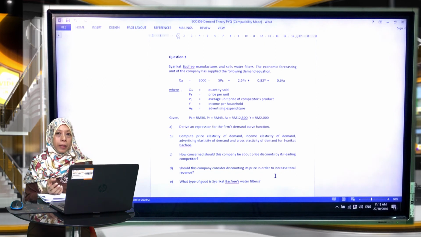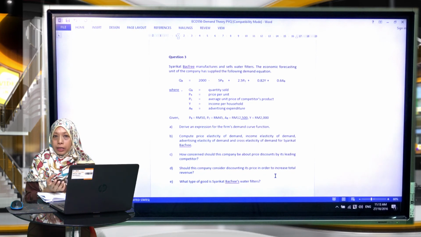So always remember that if your customers are sensitive to price, then a good strategy is to introduce a price discount. But if your customers are not sensitive towards change in price, then it is allowable for you to introduce a premium price.